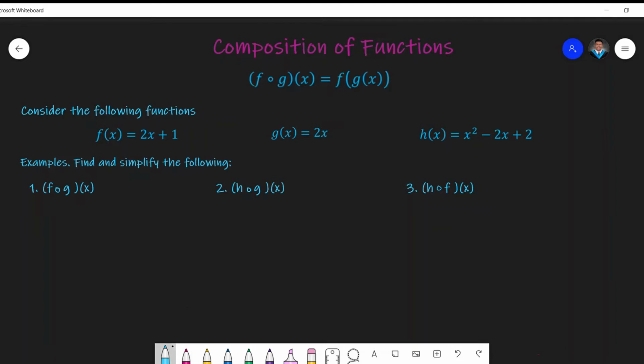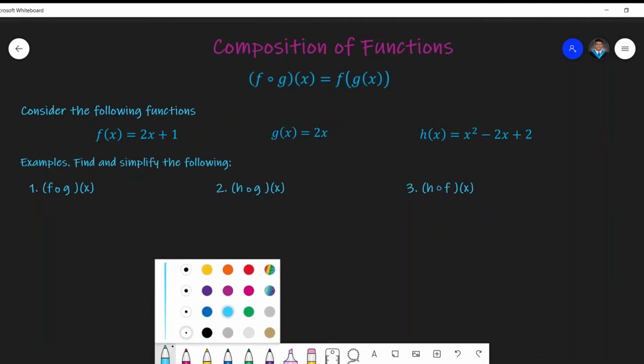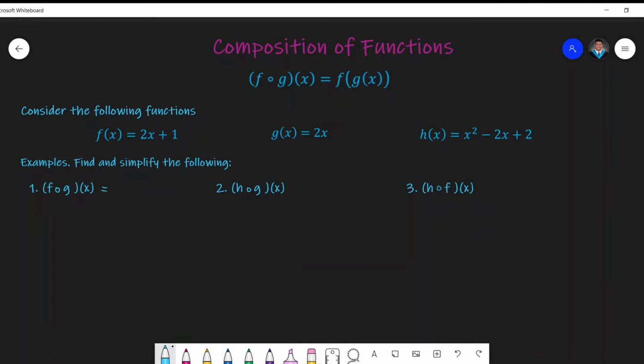Now, if we are going to solve f composed of g of x, it simply means that, by definition, we have f of the second function, the g of x. So f of g of x.